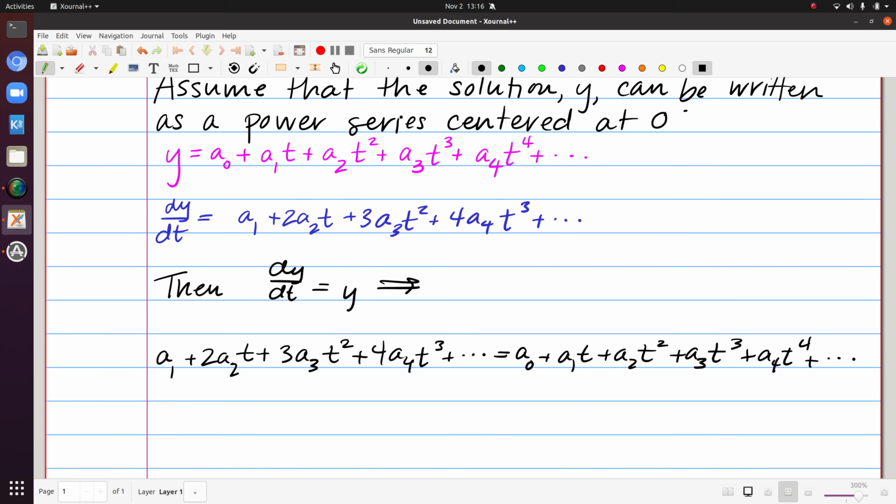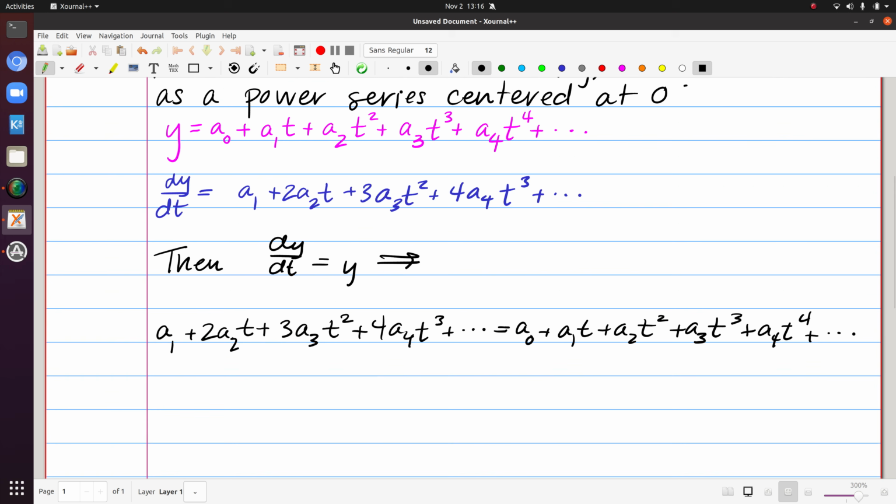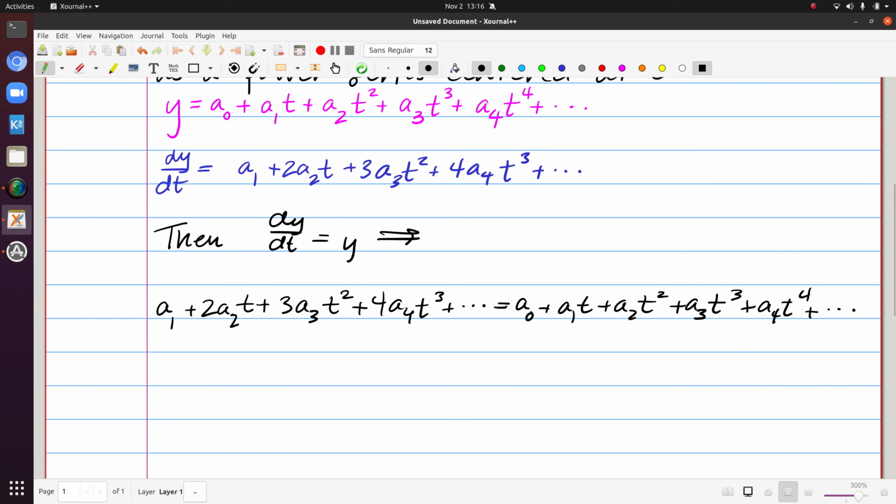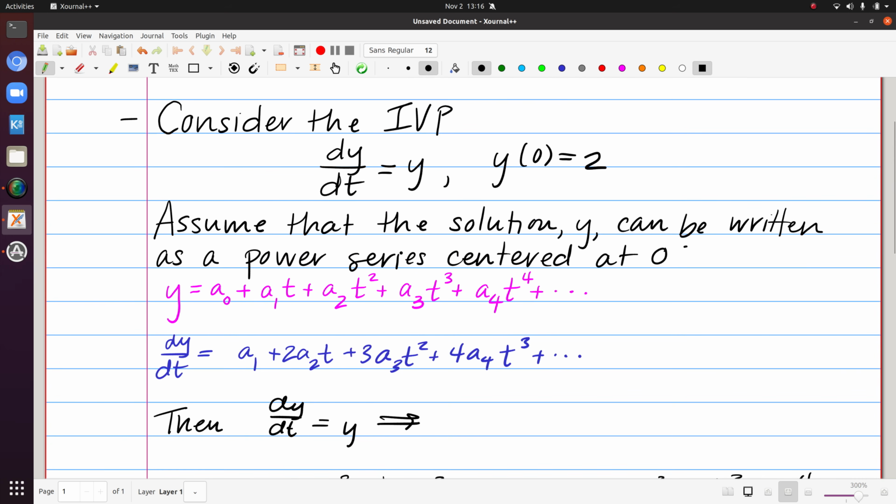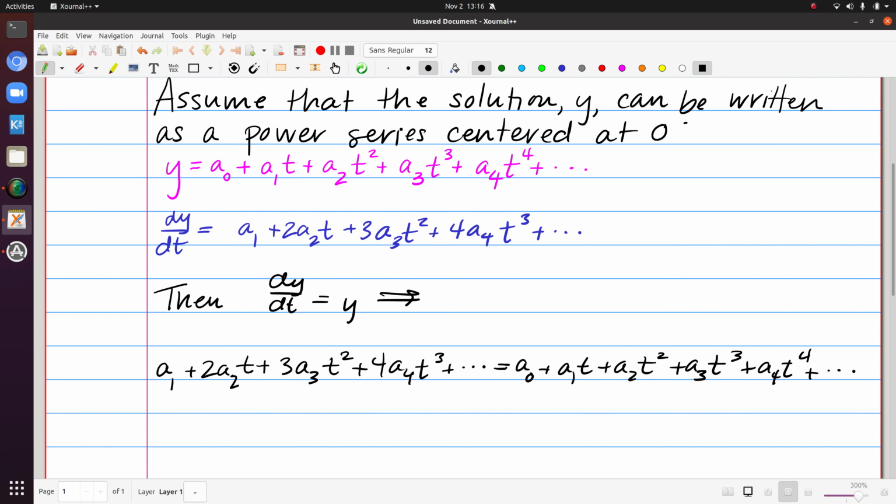So what we're going to do here is now try to find each of the coefficients, a sub 0, a1, a2, etc., and then hopefully devise a pattern so that we can figure out what function is associated to that power series. We'd like to start with a sub 0, and one thing I haven't yet used is the initial condition. So we're going to use that right away.